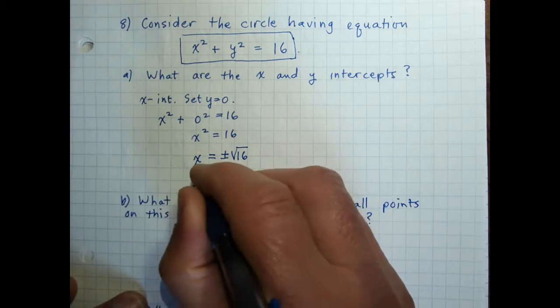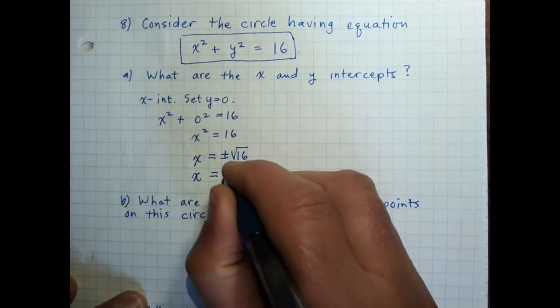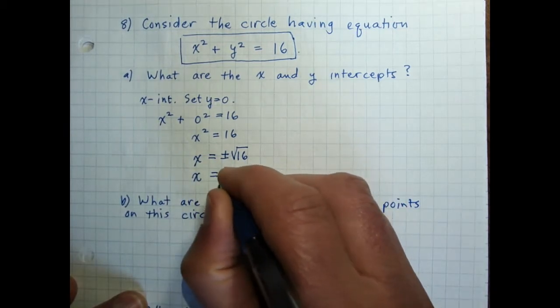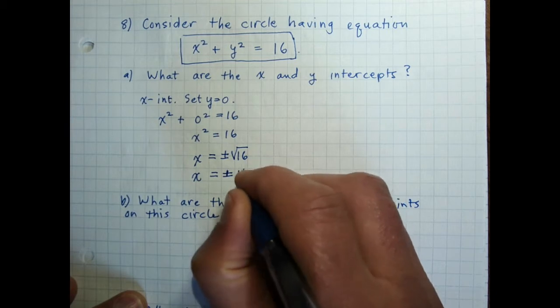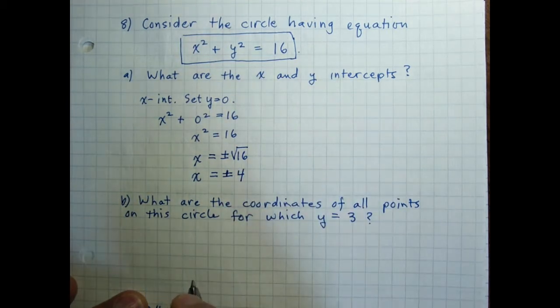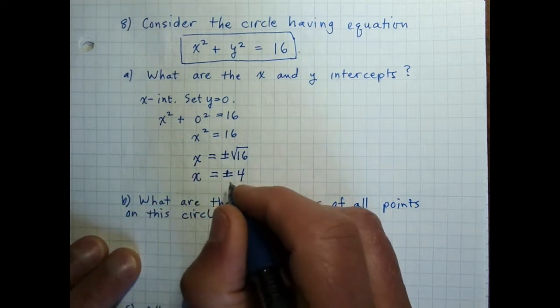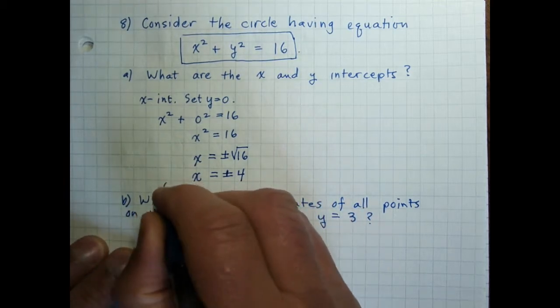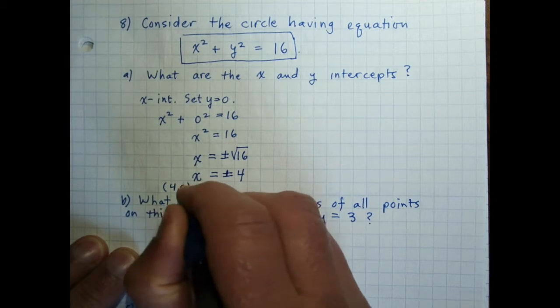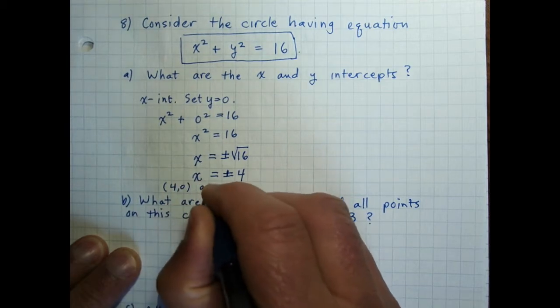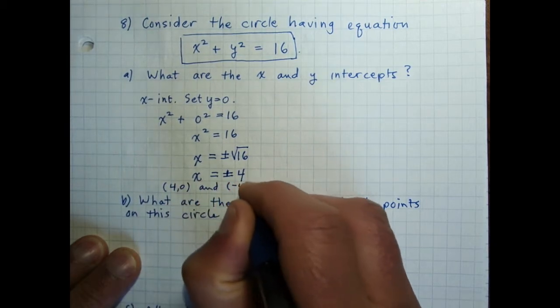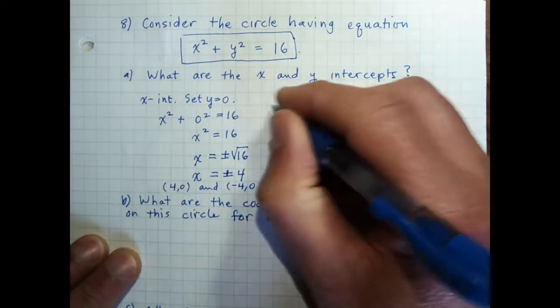But here, x could be positive or negative, and so we need to consider both square roots, and we have two x-intercepts here: 4, 0 and negative 4, 0 are the x-intercepts.